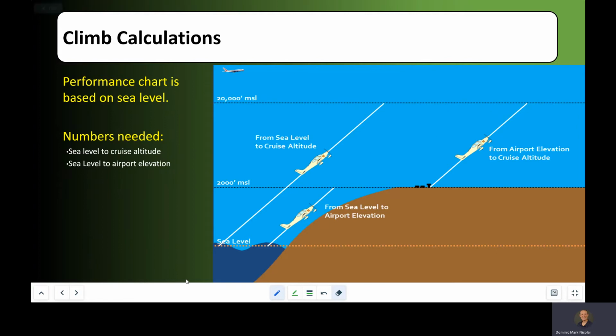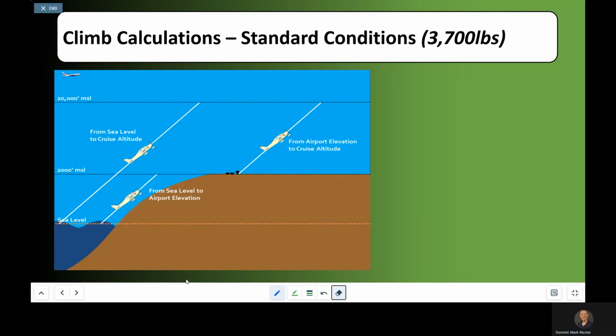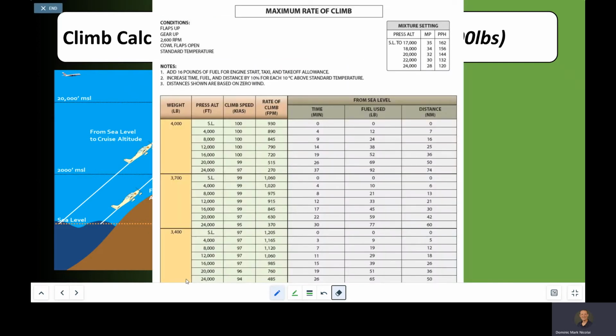So let's go over a quick example of this. Now we utilize an aircraft weighing 3,700 pounds. So from our figure, at 3,700 pounds, we see that going from sea level to 2,000 feet, well, notice we don't have a 2,000, but we have a sea level and a 4.